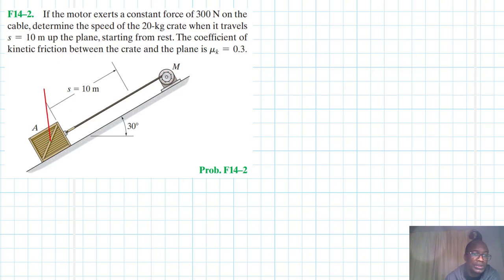So we do have the weight of this box, and we have components. We have one component in this direction and another one in this direction.